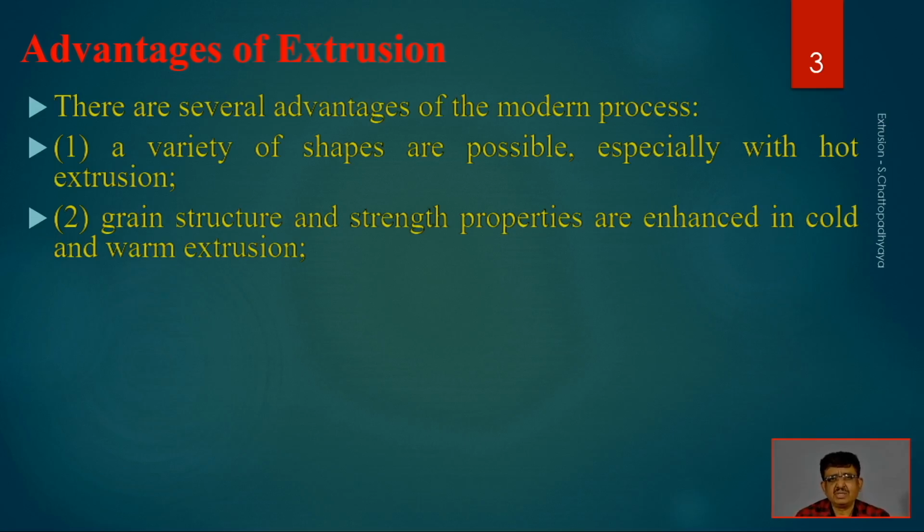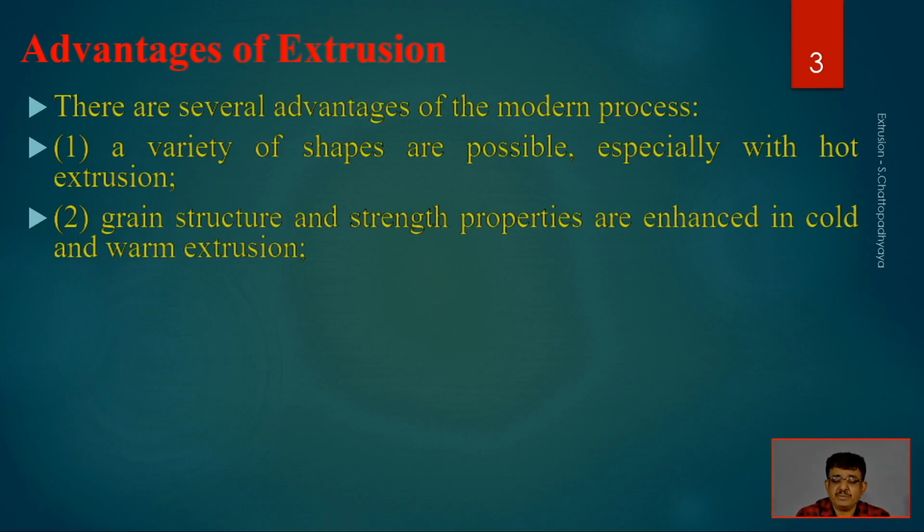Grain structure and strength properties are enhanced specifically in cold and warm extrusion, not in hot, because in hot extrusion there is recrystallization every time and no strain hardening effect, but there will be in cold extrusion. Cold extrusion will produce better surfaces, less uncertainty in terms of dimensions, and much better surface finish. But everything cannot be cold extruded, so wherever it is done, it can come out with a fantastic product.